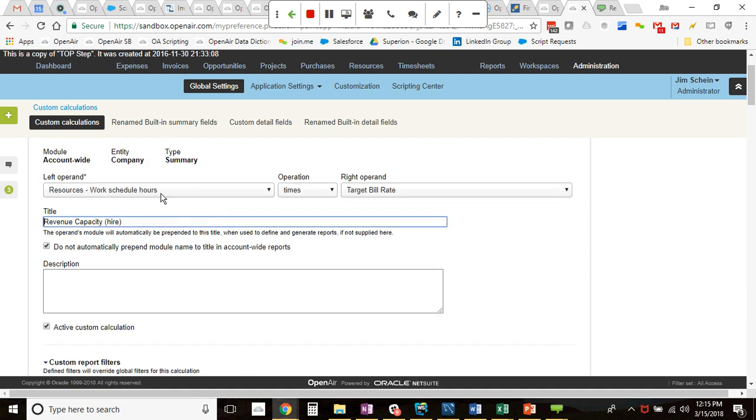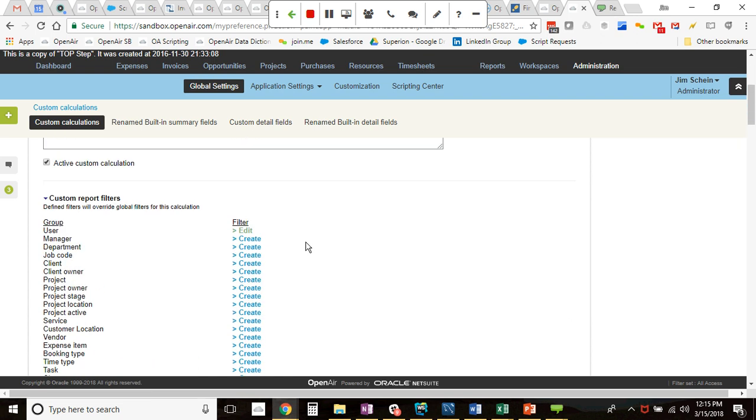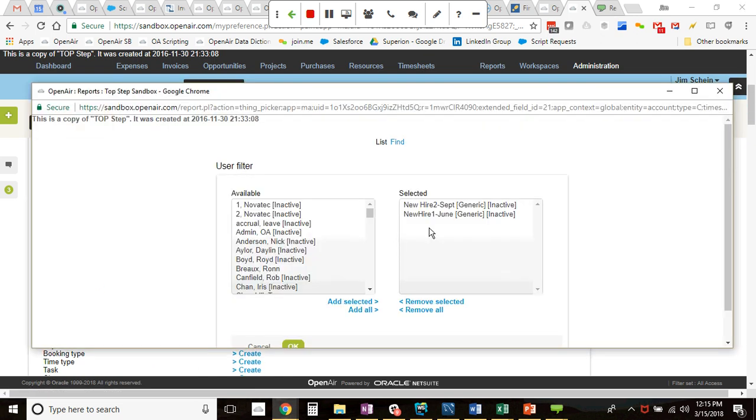You can see now we're taking the work schedule hours times the target billing rate instead of the base work schedule hours. And we've got this filtered so that we're only showing these two generic resources. So what we've done is we've created generic resources for potential new hires.